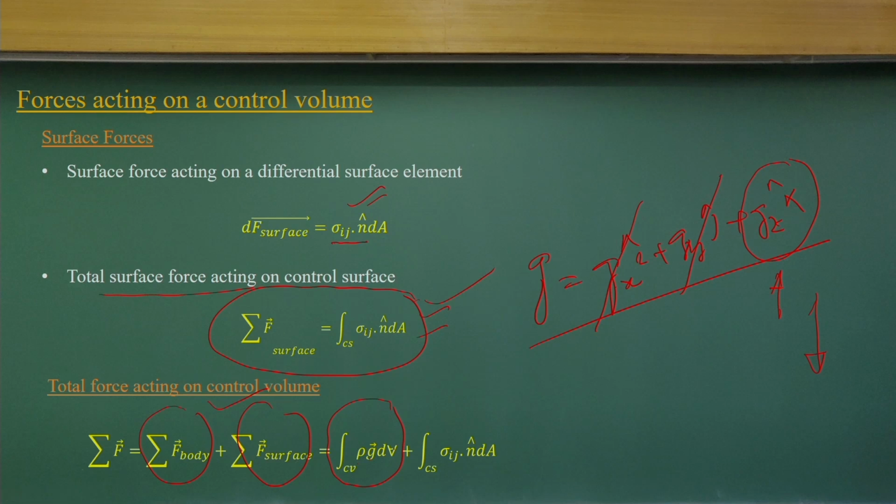But if you are solving problems where you do not know the direction of the g vector, which could be gx, gy, gz, then you need to do the volume integral to solve the problem, and the surface integral over this control surface to get the force acting on the surface. Then we will go for simplification.